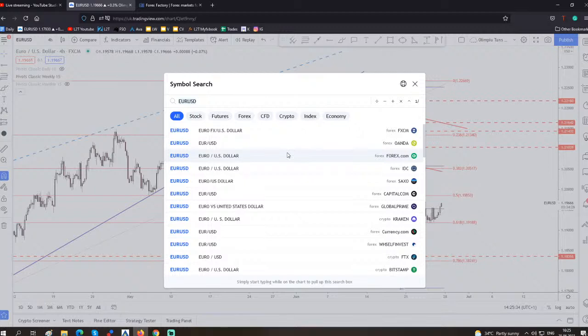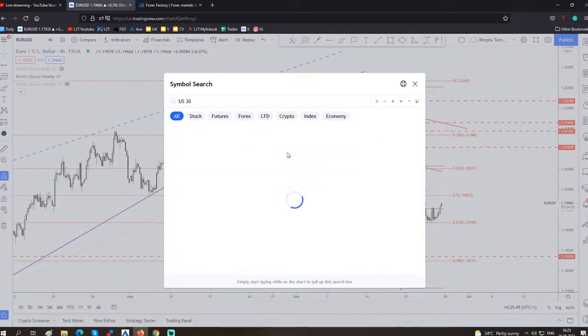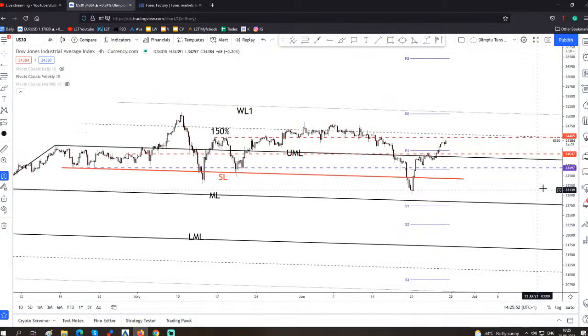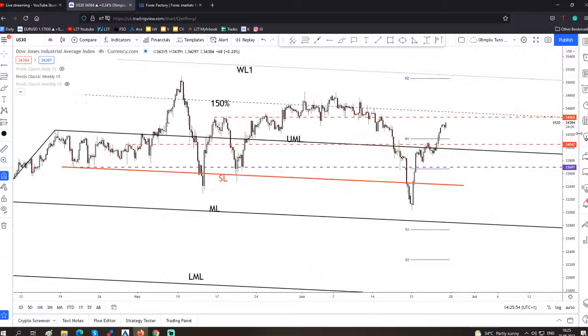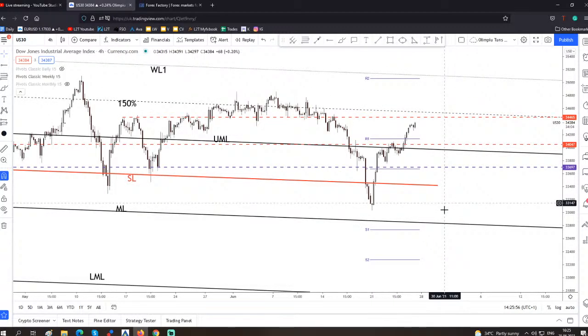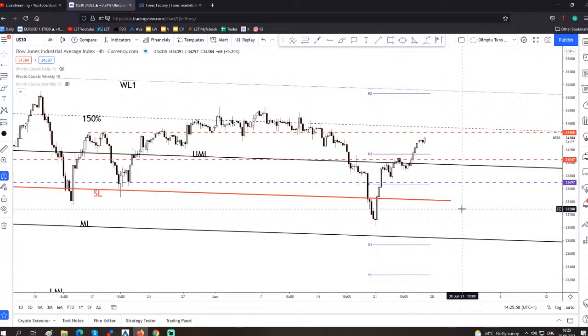Ali, do you think the US 30 will continue to target? I will take a look on the US 30 as well. Let's take a look here. The US 30, the Dow Jones Industrial Average Index increases right now.